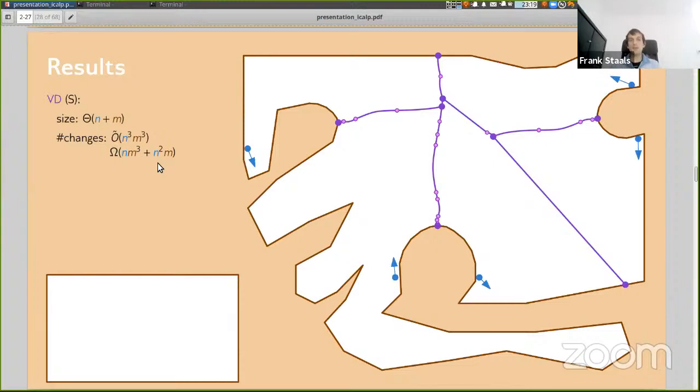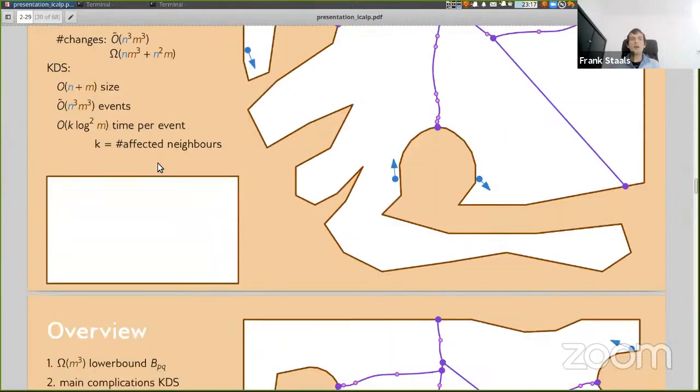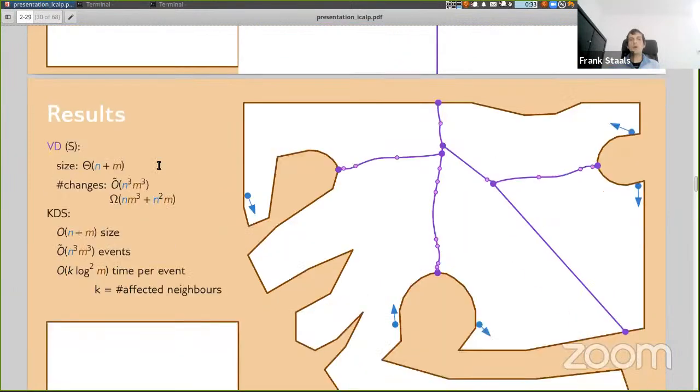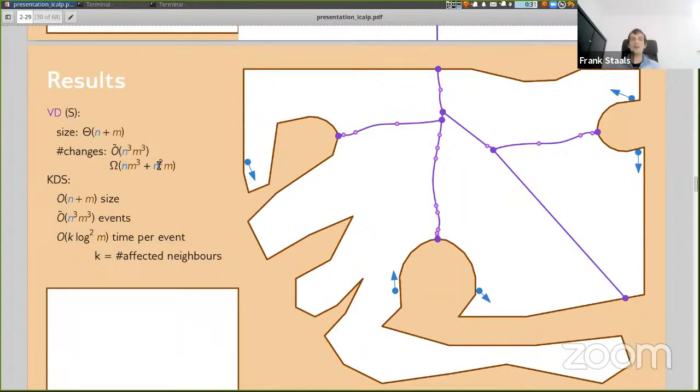So there's still a gap. Then we show how you can maintain this diagram somewhat efficiently. It processes these many events, or at most this many events, more or less efficiently, where it depends on how many neighbors a single Voronoi region can have.